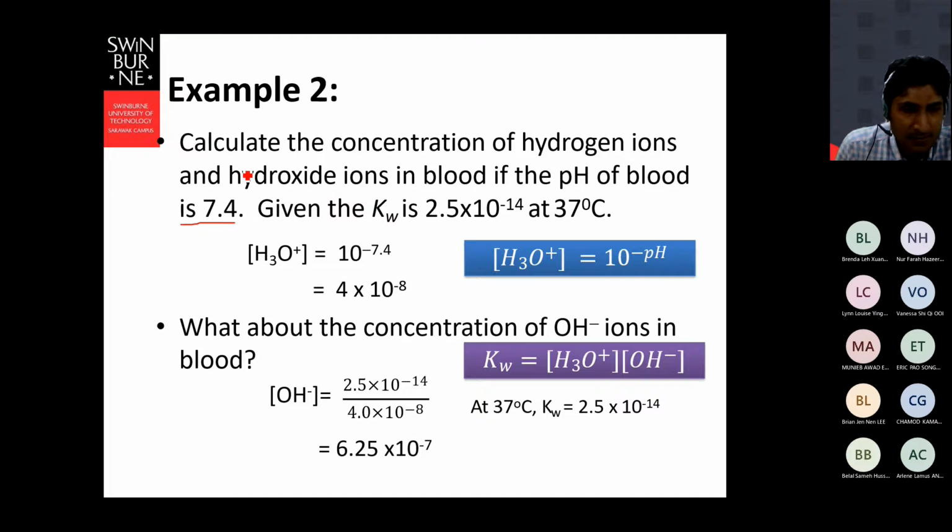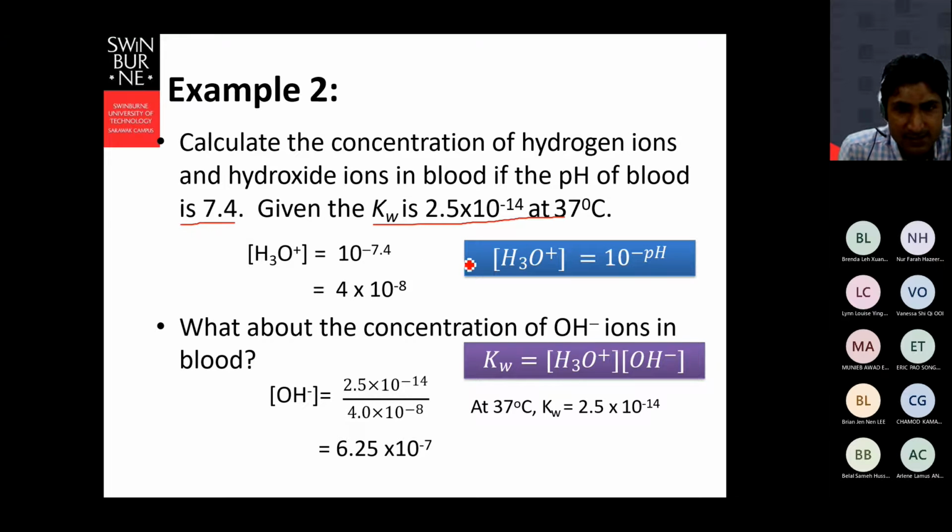So the problem is asking us to calculate the concentration of hydrogen ion and hydroxide ion in blood if the pH of the blood is 7.4, given that the Kw value at 37 degrees centigrade is this. We know the pH of the blood, so we can find the hydrogen ion concentration very easily. It is just the anti-log of the pH.